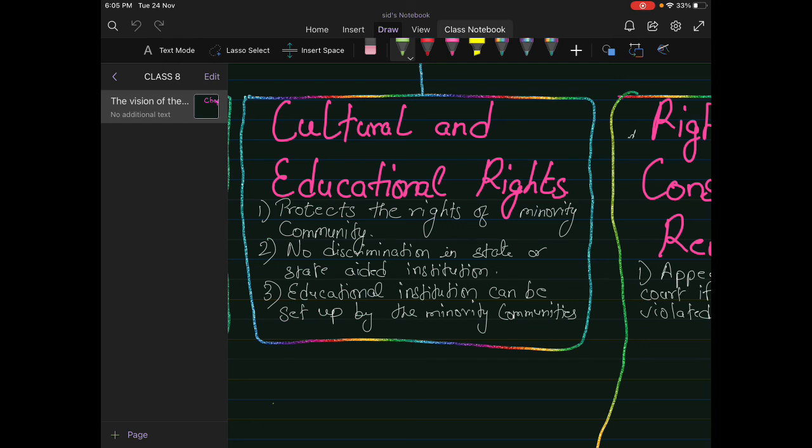This right has been given to them by the cultural and educational rights. So there are three things. It protects the rights of the minority communities. There will be no discrimination in the state and state aided institutions. And educational institutions can be set up by the minority communities to preserve and develop their own culture.